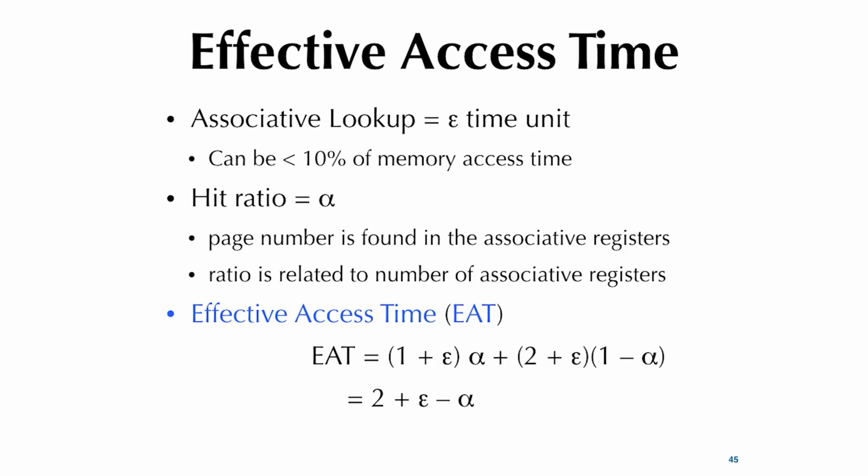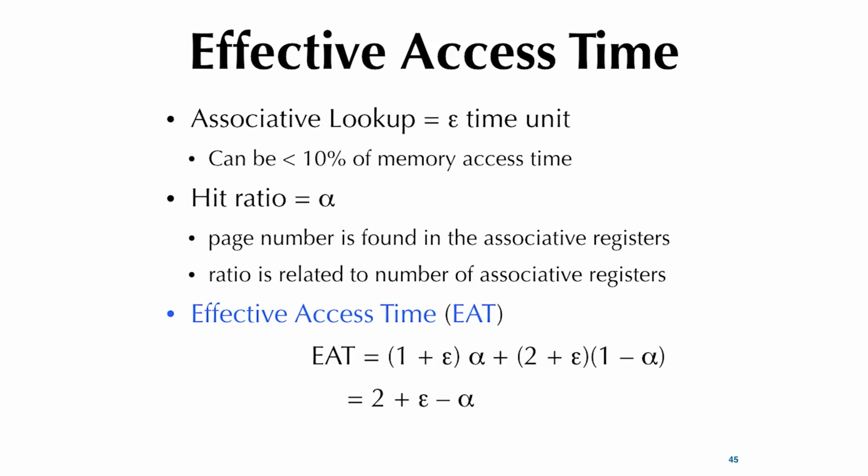Okay? And there's effective access time, and this formula actually comes back next chapter. They did a little calculation without telling you this formula, so I took it from the next chapter and put it in here. So there's an associative lookup, which takes some epsilon time unit, and a hit ratio, which is denoted alpha.